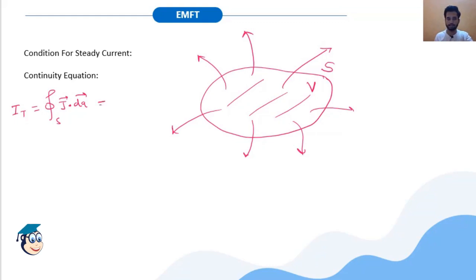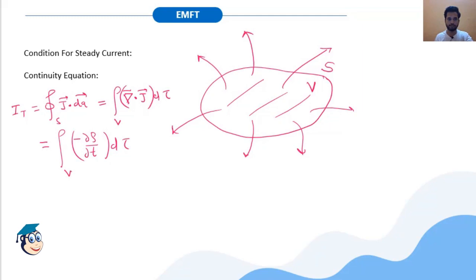And we can apply the Gauss divergence theorem here, and say it is equivalent to the volume integral of del dot J d tau. We also know current can be written as, since the charges are moving outward of that region so the charge is decreasing, minus del rho over del t times d tau, integrated over volume.